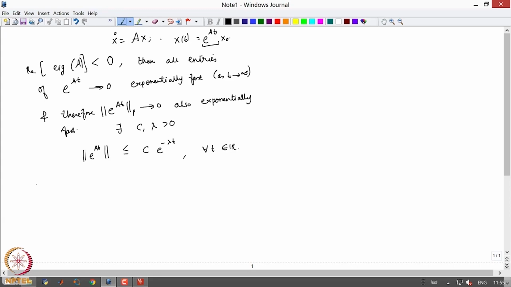Now, how does the solution look? The norm of x of t is the norm of e power At times x naught, where I assume t0 to be equal to 0 for simplicity.